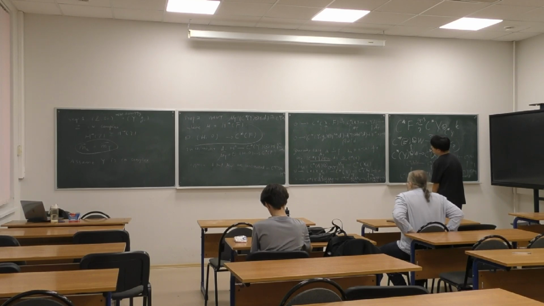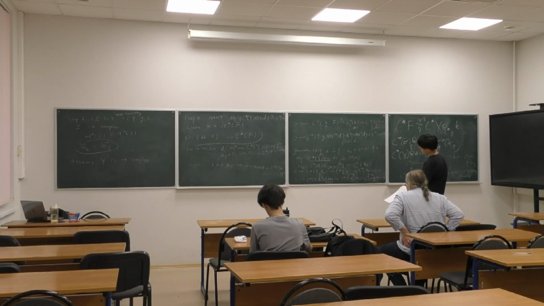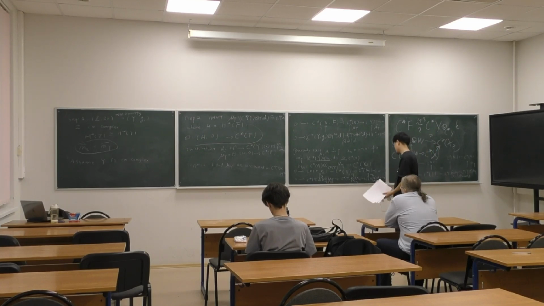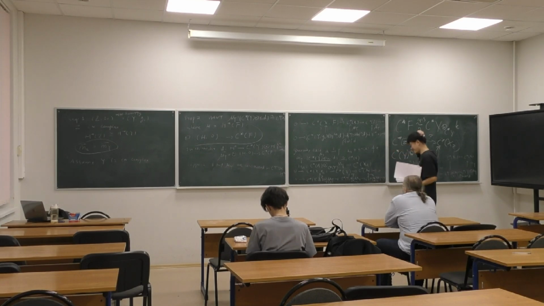We have an arrow, but how to construct it so that everything commutes. I think the only way is the last page I wrote here. I remember maybe it is the definition of the MA.